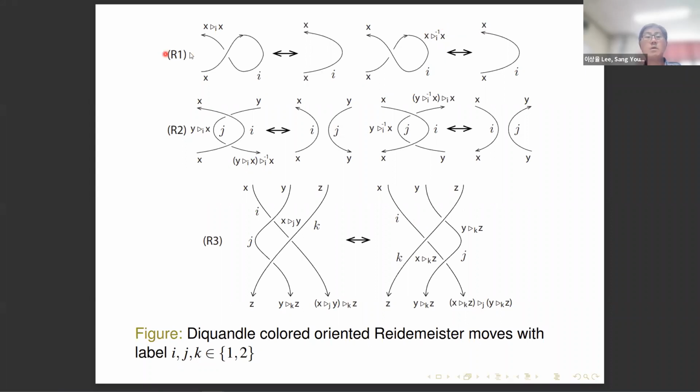So Reidemeister type 1 does not change the coloring numbers, and similarly R2 and R3 also do not change the coloring set. Actually, the colorings of this move determine the unique coloring of this move, okay, and vice versa.